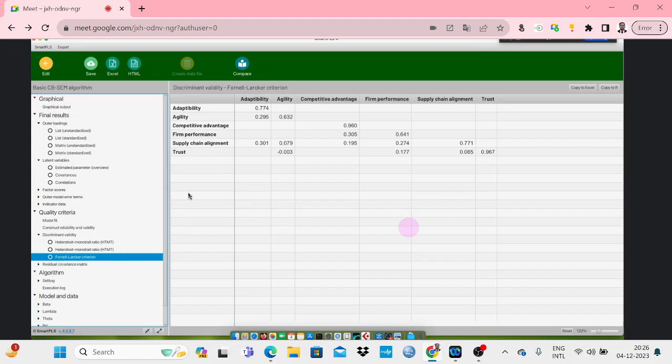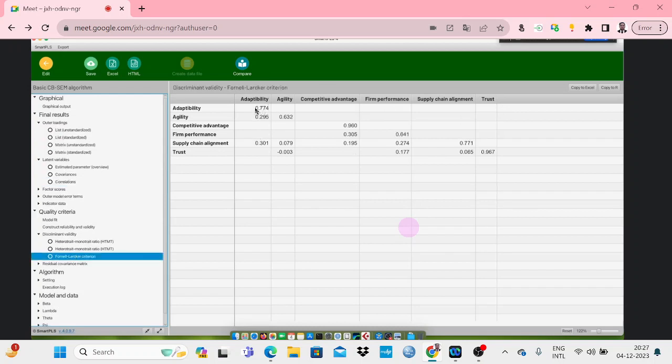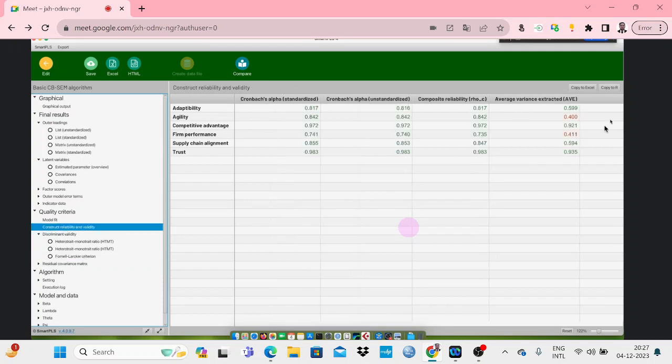What the Fornell-Larcker criterion does is it takes the correlation matrix which we saw. This is the correlation matrix of all these variables, and it erases one half of this matrix. It keeps the side below the ones, and at the top of every column, it puts the square root of the average variance extracted for that construct. For example, for adaptability, in the construct reliability table we have an average variance extracted of 0.599.